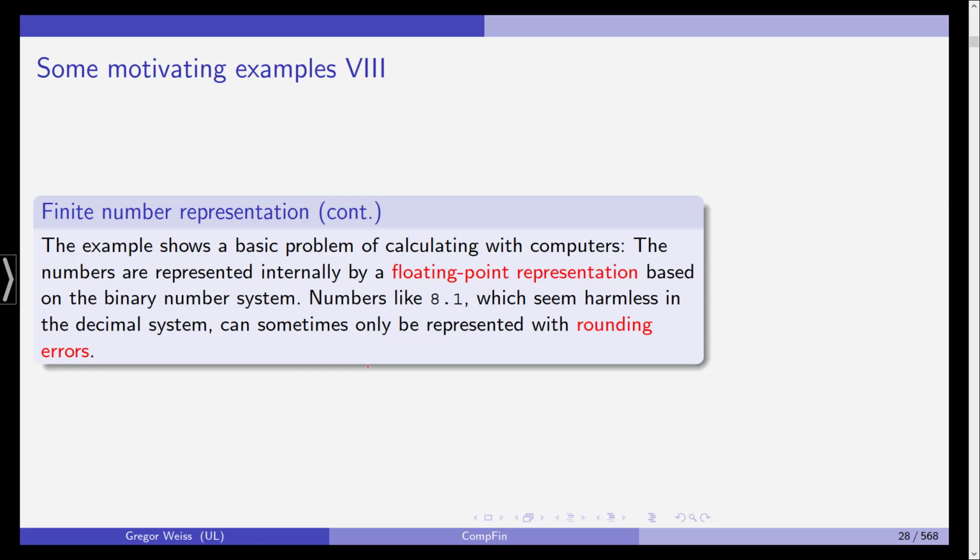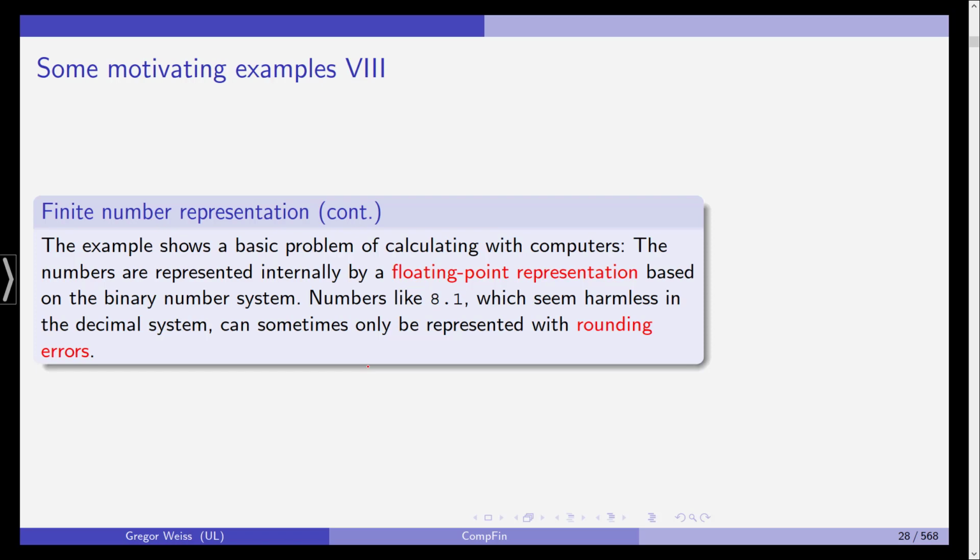Numbers in a computer are first of all represented internally on the CPU by a floating point representation based on the binary system. So the computer can only work with ones and zeros. And a number like 8.1, which seems very simple and easy in the decimal system, is actually not so harmless in the binary system.